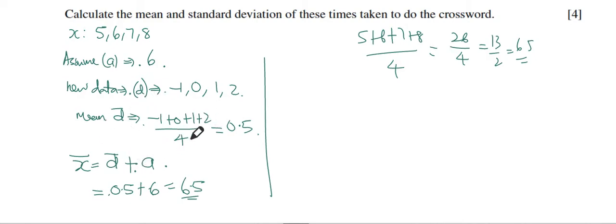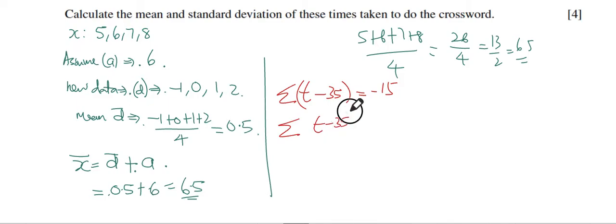Okay, so we have sigma (t minus 35) equals negative 15, and sigma (t minus 35) squared equals 82.23.